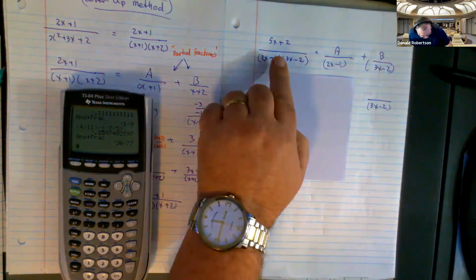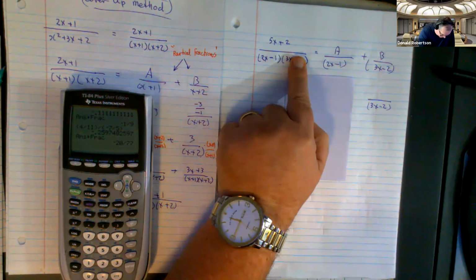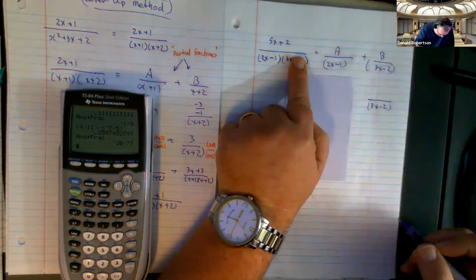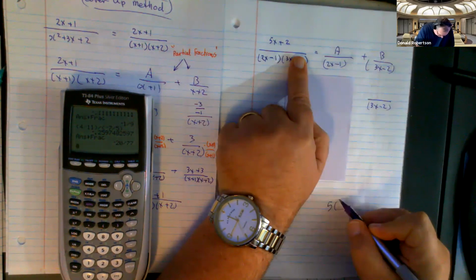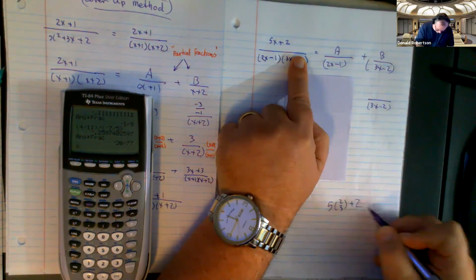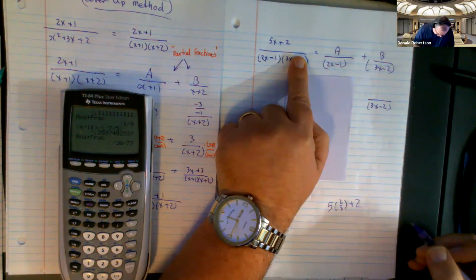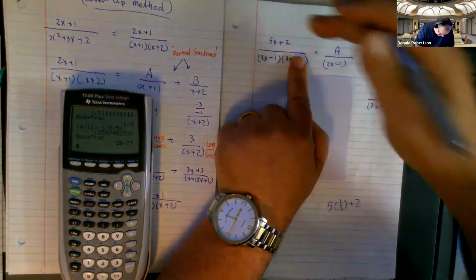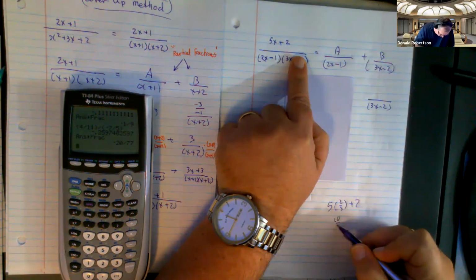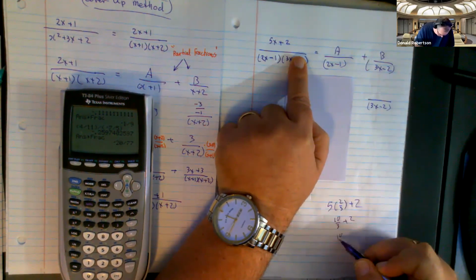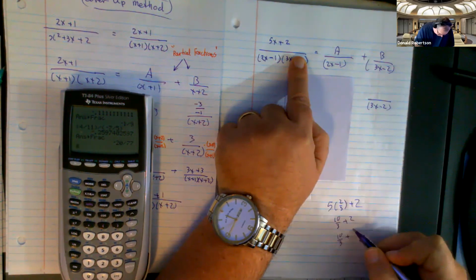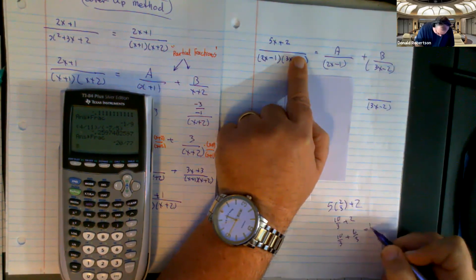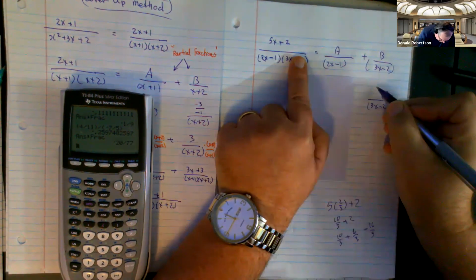So cover it up. 5 lots of 2/3 plus 2. Sometimes you might just want to have a scratch bit of paper beside you, right? That's just 5x add 2, right? So it's going to be 10/3 plus 6/3. And so 16/3. Okay, so the top is 16/3.